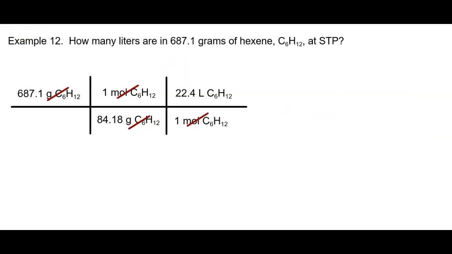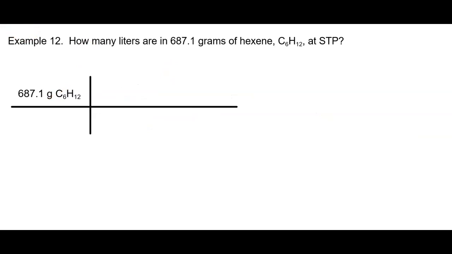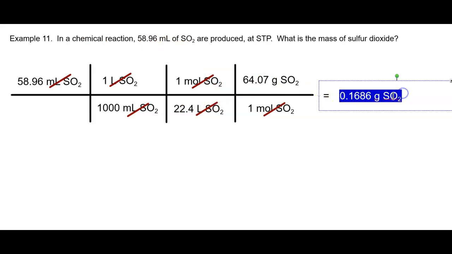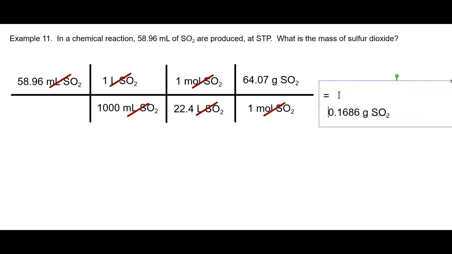Okay, so let me go back and make sure, in case it's a sig fig year, that we're doing proper sig figs. I can only have 3 sig figs here, so for proper sig figs on example number 11, if I was doing proper sig figs, I would have had to round it a little bit differently, and I would have had to say 169 for 3 sig figs, okay?